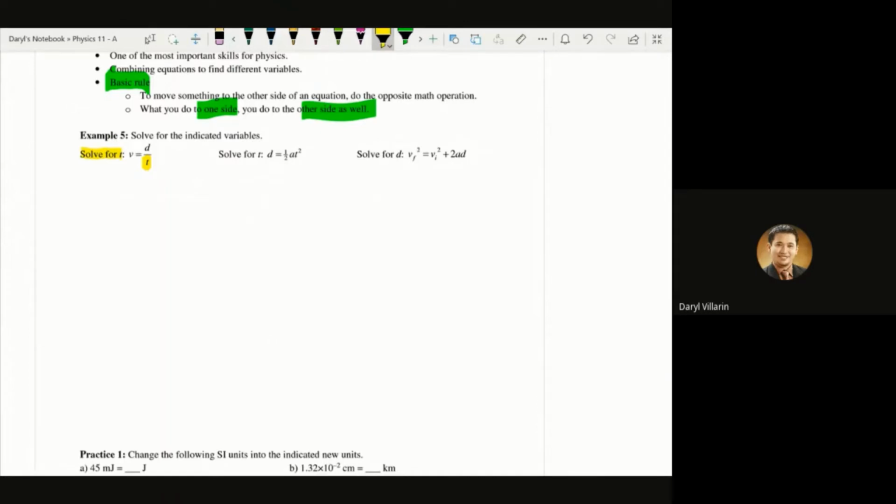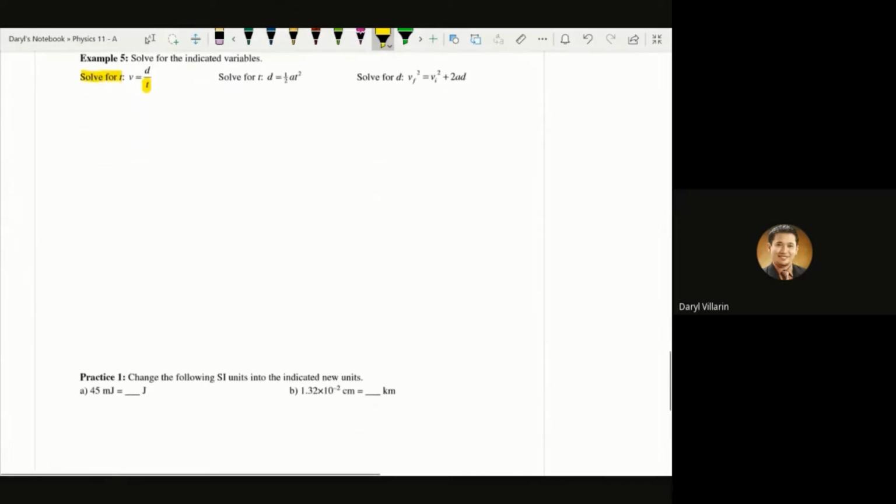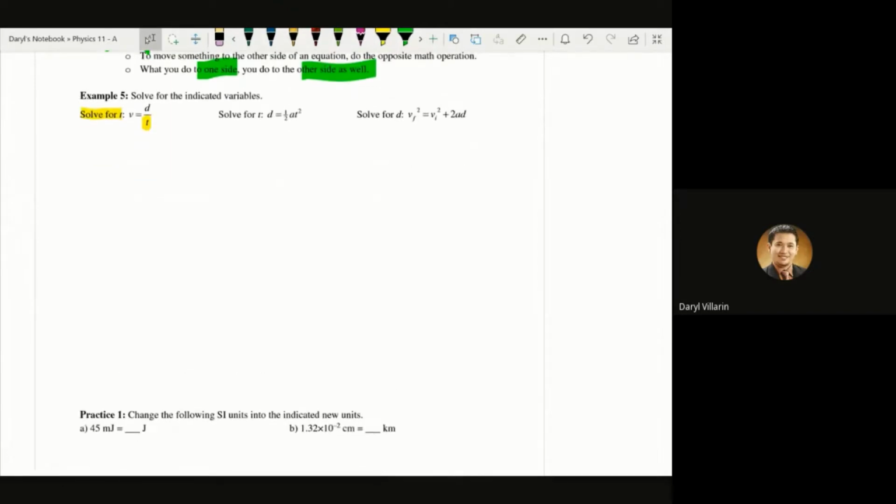So in solving for the value of t, how would I separate that one? Well, you have v is equal to d over t. If you can remember in your math, you're taught that if the variable is at the bottom, you need to get rid of that one. Anything that is in the denominator, it's much better to deal with if it is in the numerator.